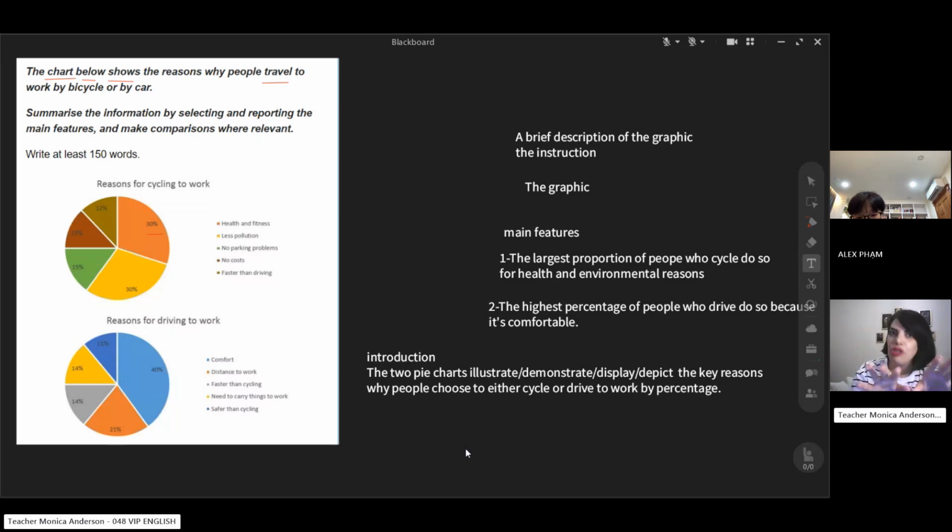If we have, it's better to mention them. If we have equal proportions, it's better to mention them. Okay, so let's write. I want to use my main features. Do we have any similarities? Because I want to consider it as another main feature.